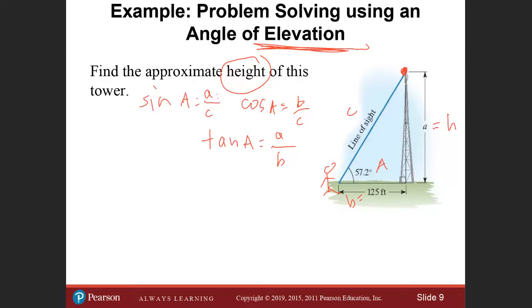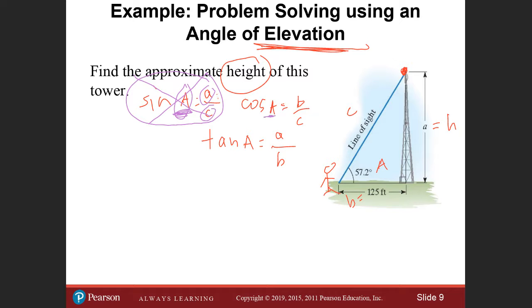Now, looking at the first function, which is sine A, your angle A is given, right? Your C is not given, and your A is not given. So we cannot use that to find the height, or the A. So we proceed to the second function.